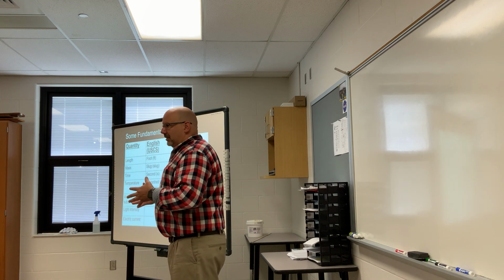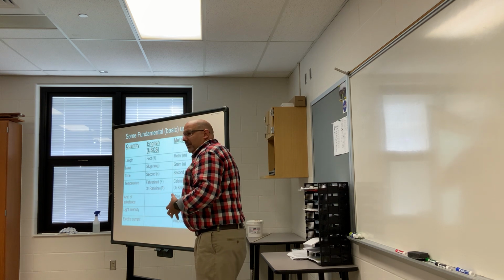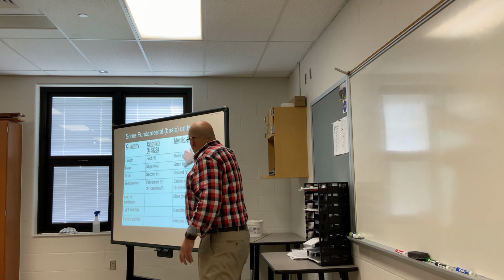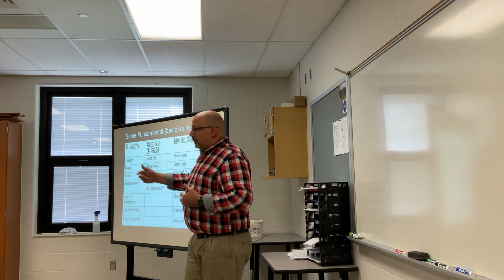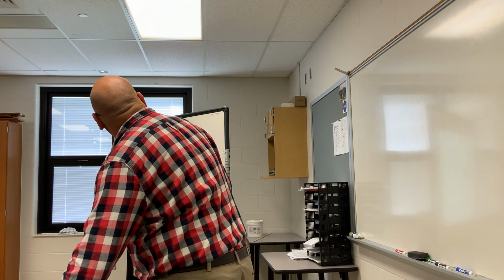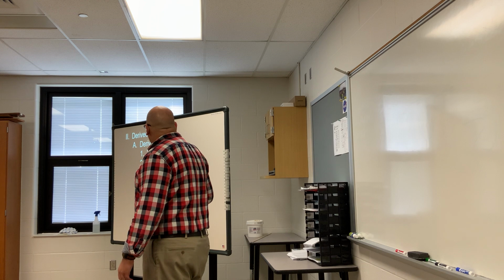Deriving is simply another word for creating a new unit. So they're built out of these units over here. All the other units that we use are built from these building blocks. And we're going to be looking at two of these. One of them is the unit of volume. That's a derived unit.